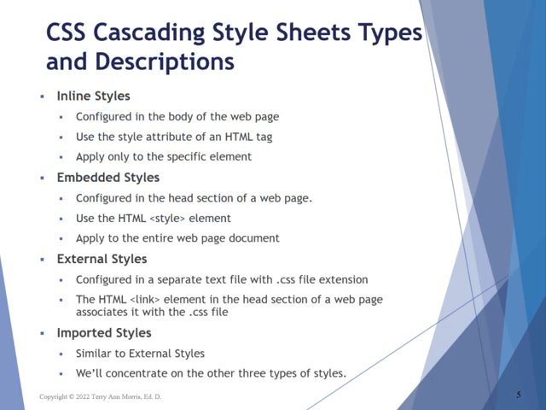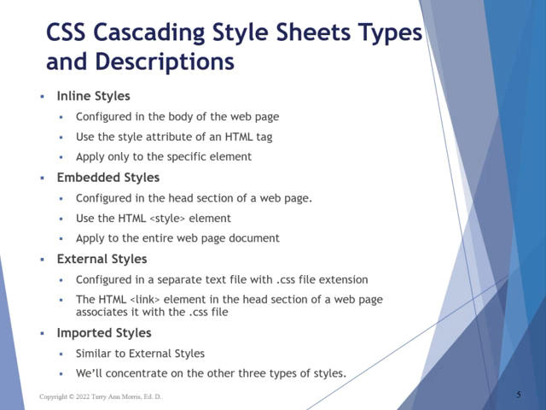CSS cascading style sheets, types and descriptions. Number one is inline styles. Inline styles are configured in the body of the web page by applying an HTML tag's attribute to its specific elements. Usually, CSS is written in a separate CSS file with file extension .css or in a style tag inside of the head tag, but there is a third place in which it's also valid.